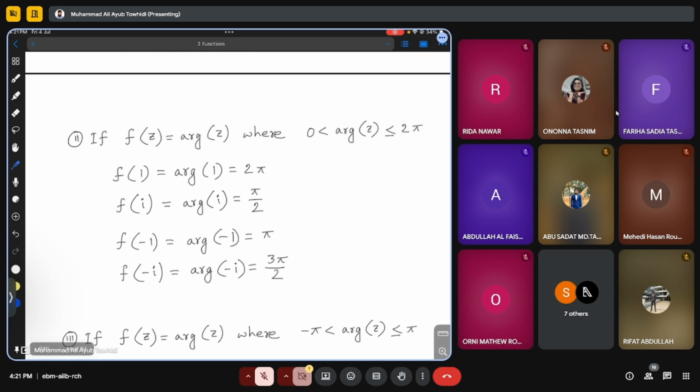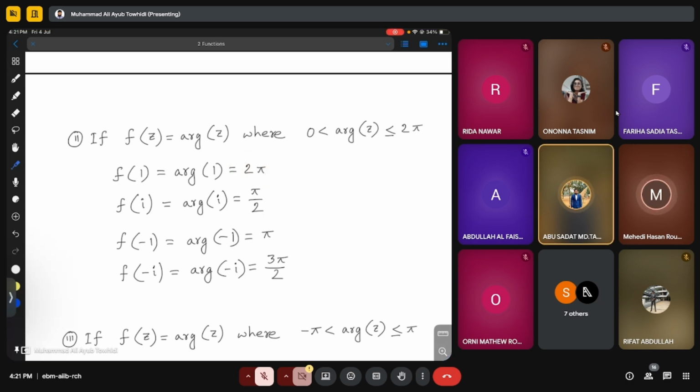Similarly, if I say it has to be within this range, then what about argument of 1? Did I write it correctly or is it wrong? Should it be 2 pi or should it be 0? Should it be 0, since 0 is not included? Exactly.